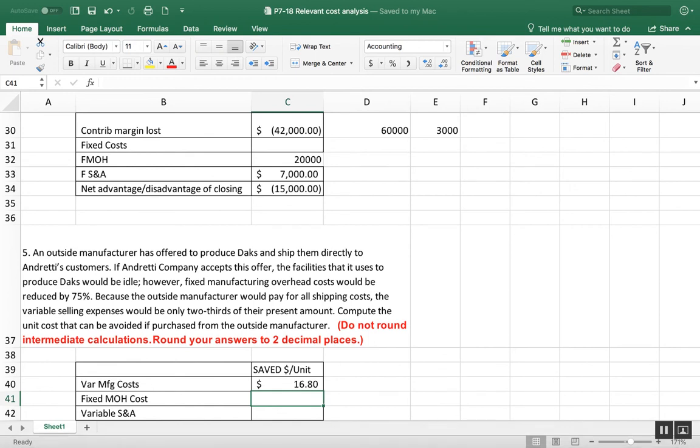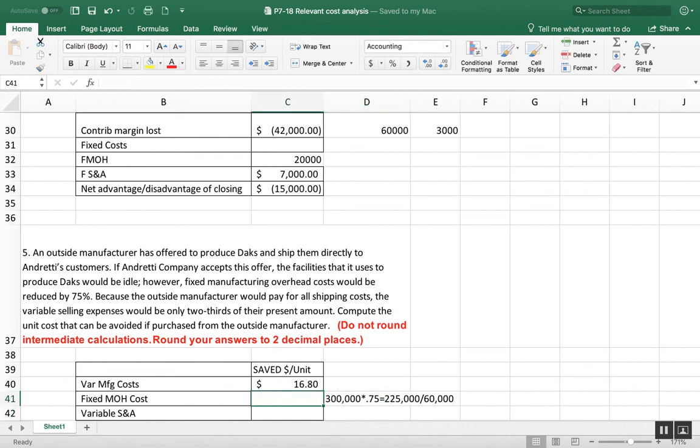I'll also be saving fixed manufacturing overhead at the tune of $300,000, because remember that's what our fixed manufacturing overhead is, and I'll be saving 75% of that, which equals $225, and then you divide that by how many units a year, and that's your calculation.